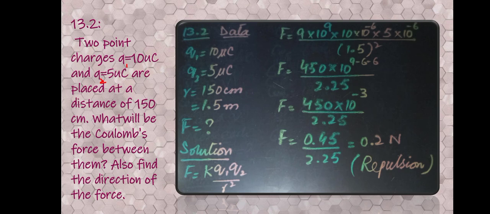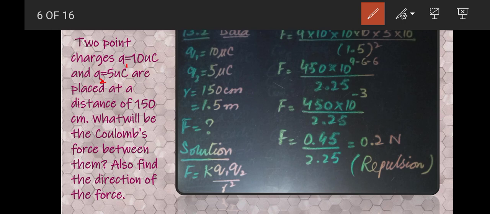Now putting the values for K, Q1 and Q2 divided by R square, you will get the answer after the solution, that is 0.2 Newton. I think you can easily solve these, so I am not explaining the steps. These are just multiplication, division, subtraction and addition.